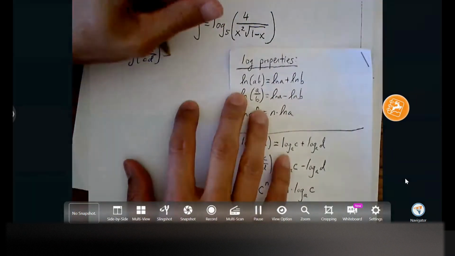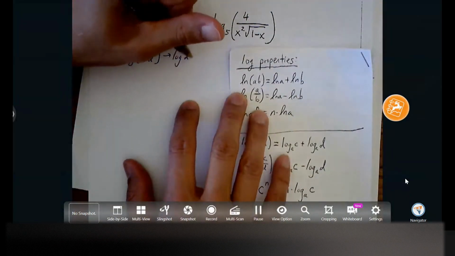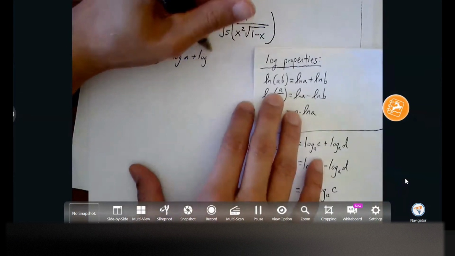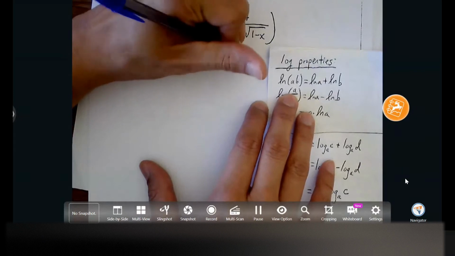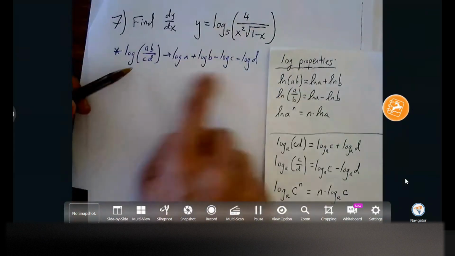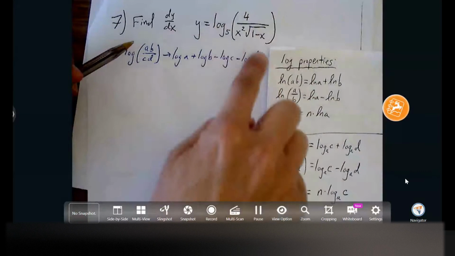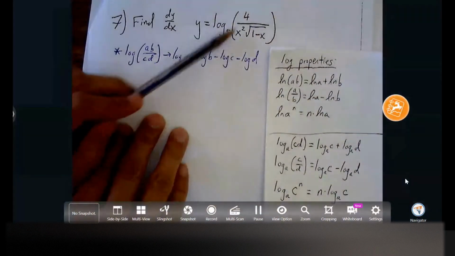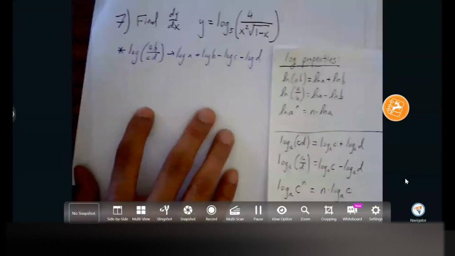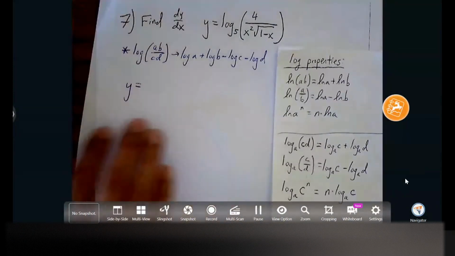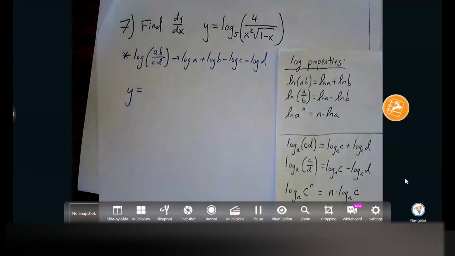Okay, so using this, does that help you know how to get this into, you see how there are 3 separate terms here? We want to get this into 3 separate log terms. So any idea how we can do that? You could make A and B too.